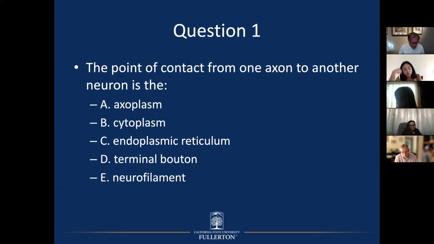Oh, okay. Now, let me just give a stab at my own rendition of what those things are. The cell has to move materials around inside. For example, the actual manufacture of a transmitter takes place up in the cell body.